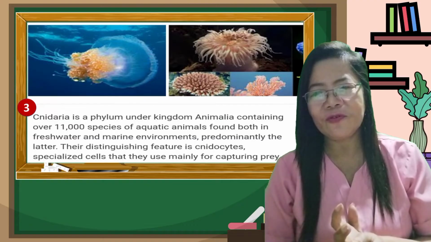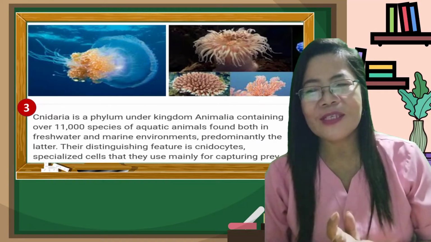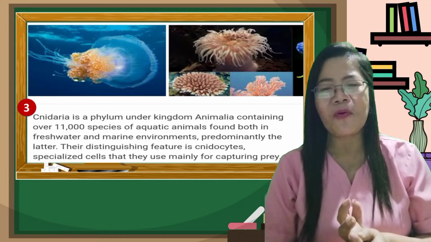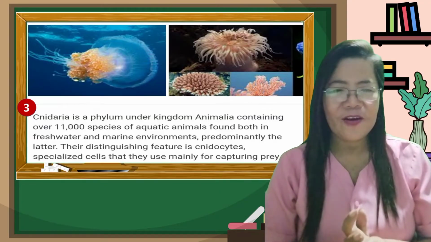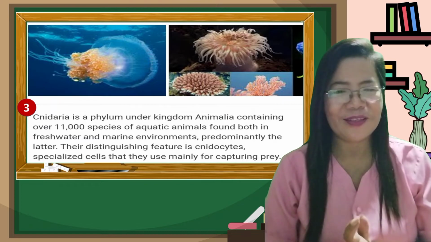Their distinguishing feature is cnidocytes, specialized cells that they use mainly for capturing prey. Cnidarians are called stinging cell animals.